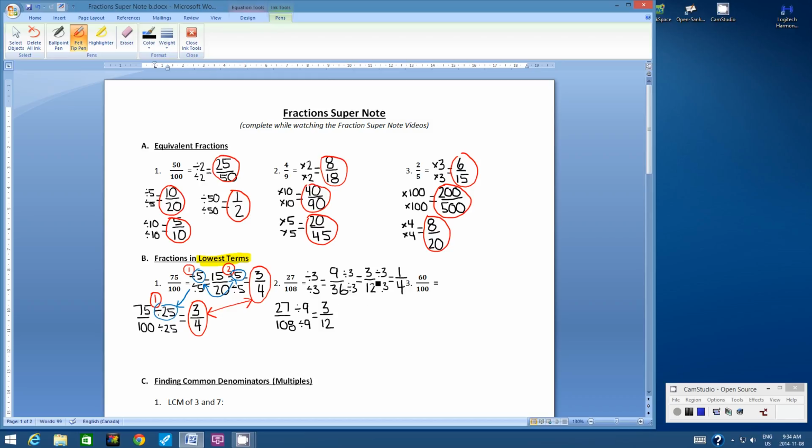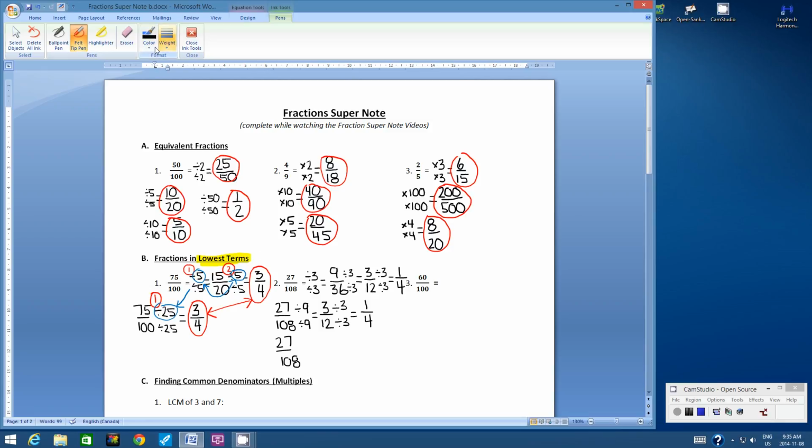Yes, it can, because it kind of looks like this fraction up here, doesn't it? So we know that the numerator and the denominator are divisible by 3. So 3 divided by 3 is 1. 12 divided by 3 is 4. These two fractions match.